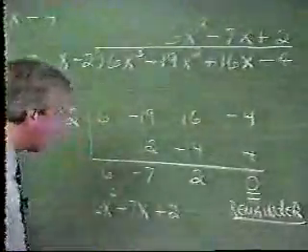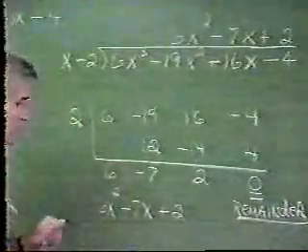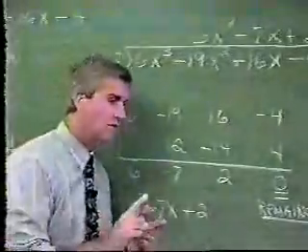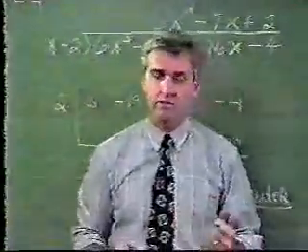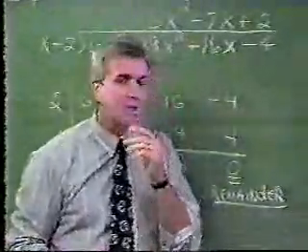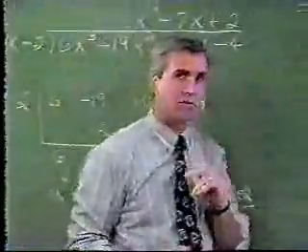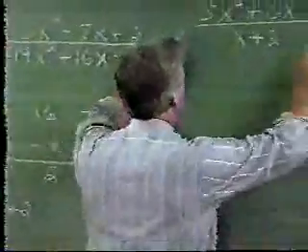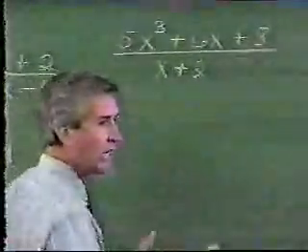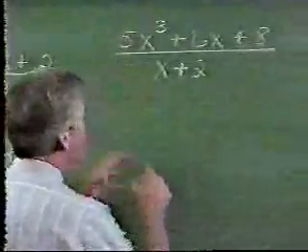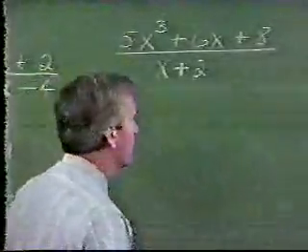Okay, in synthetic division, we're trading in the operations of dividing and subtracting for operations of multiplication and addition. Well, let's consider the process a bit further. Suppose we have 5x cubed plus 6x plus 8. We're leaving the function notation just for a moment, just to understand the synthetic division process.